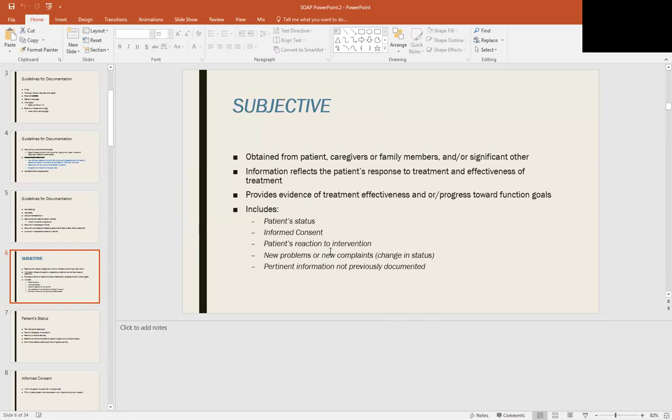And then also there might be some information that was not previously documented. I've mentioned to you guys in the initial evaluation, the patient might leave out some information for the physical therapist. And if you're seeing them on the second, third, and fourth visits following that, maybe they tell you something that they didn't necessarily tell the therapist that needs to be included in their note.